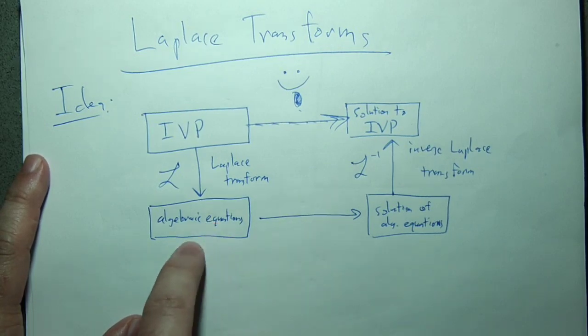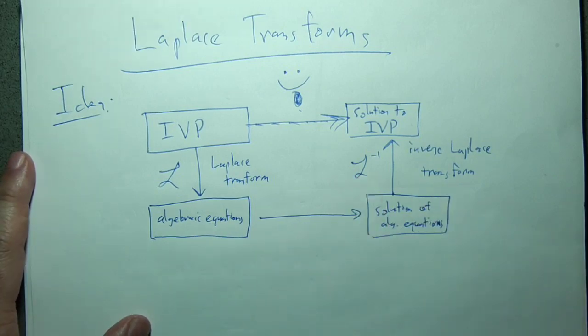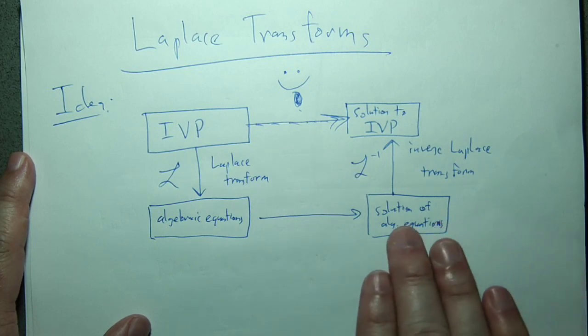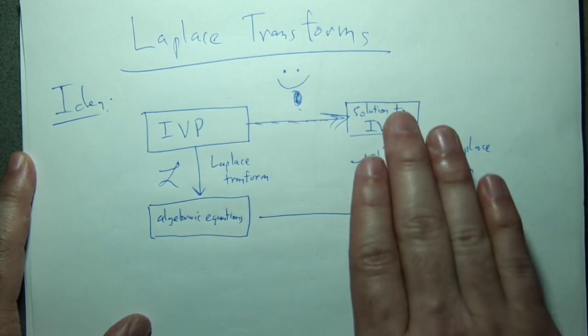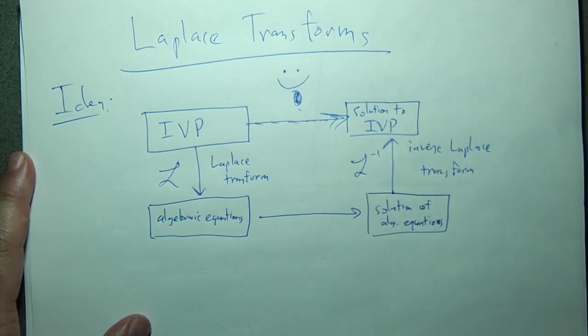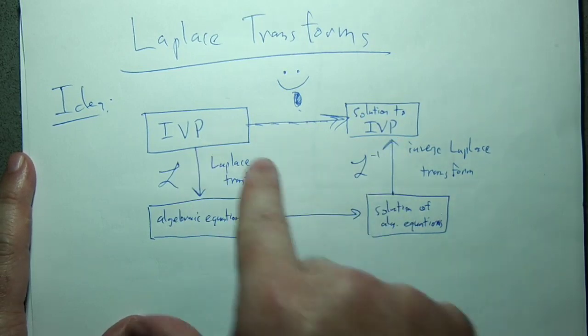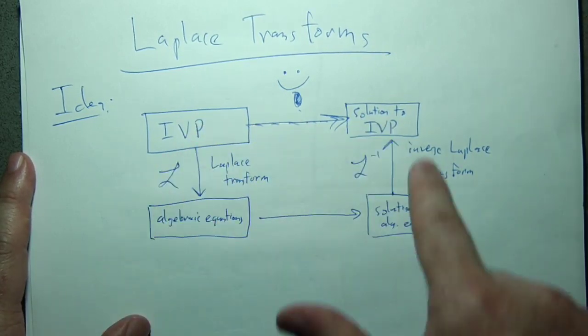And that algebraic equation can be solved in a lower order way than solving a differential equation. And then I push forward this solution to the algebraic equation via the inverse Laplace transform to get a solution to my IVP.